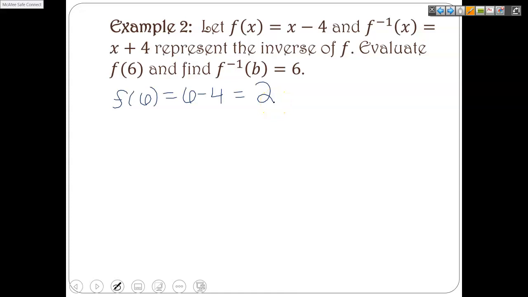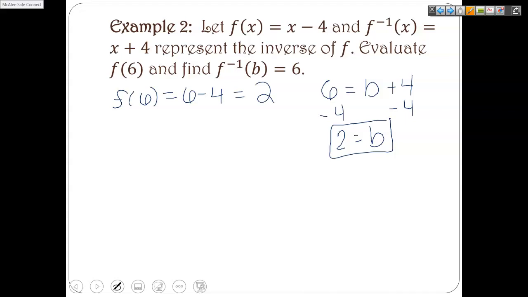So f of 6 equals 2. If f inverse is equal to x plus 4, then that's like saying 6 equals b plus 4. And you get b equals 2.